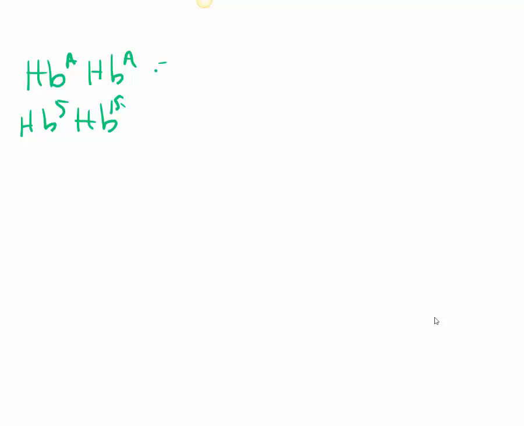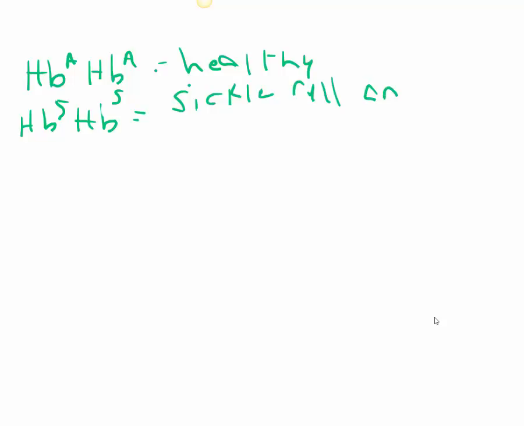We can say this parent is healthy, no issues, because they do not have that bad allele, that HbS allele. But the other parent has 2 bad alleles, HbS and HbS, so therefore this parent has sickle cell anemia. So that's the phenotypes of the parents.